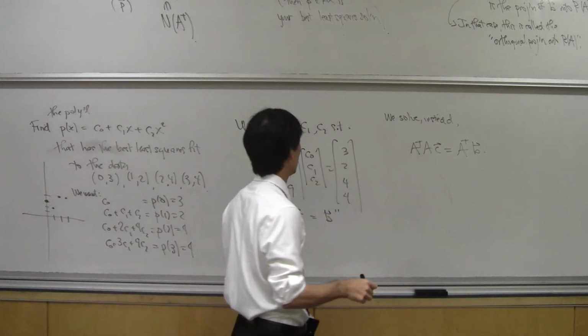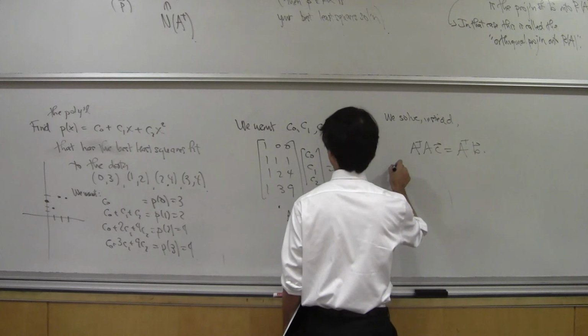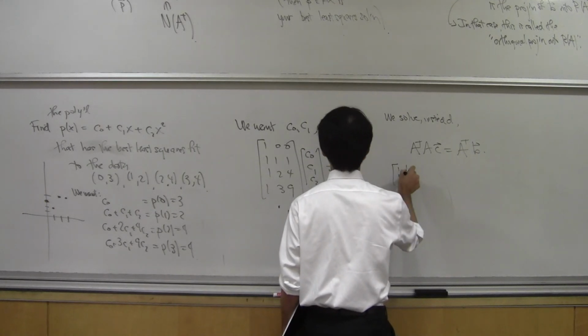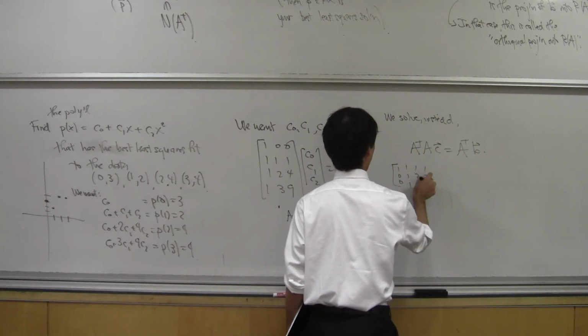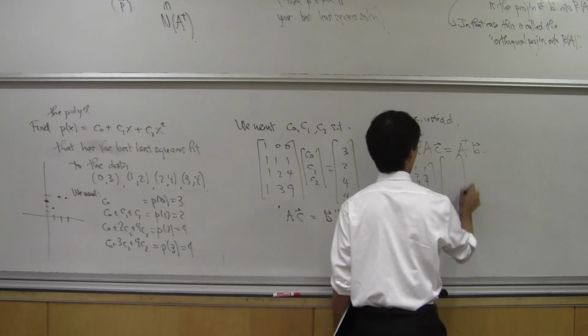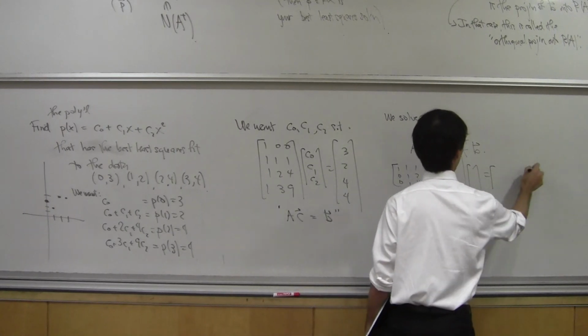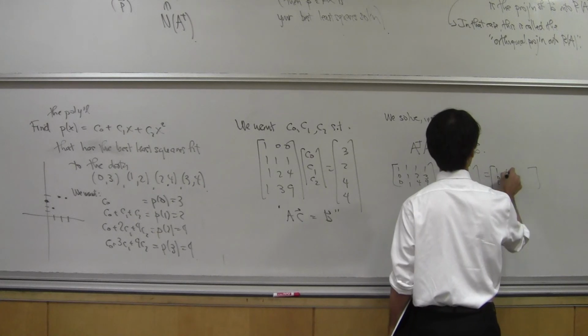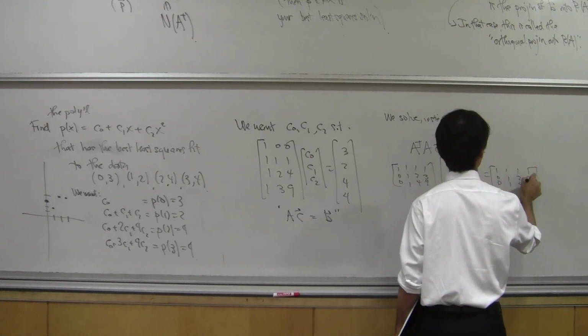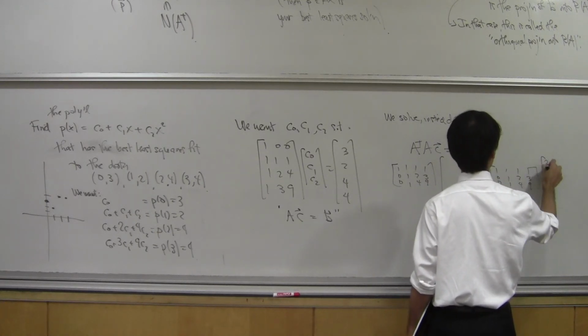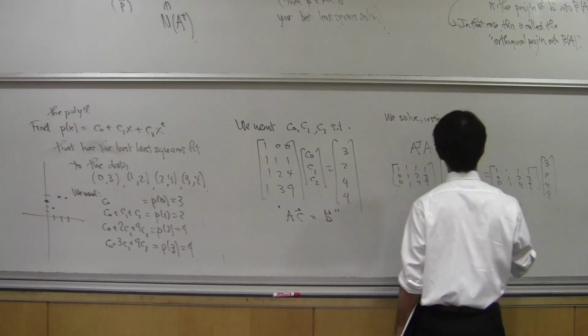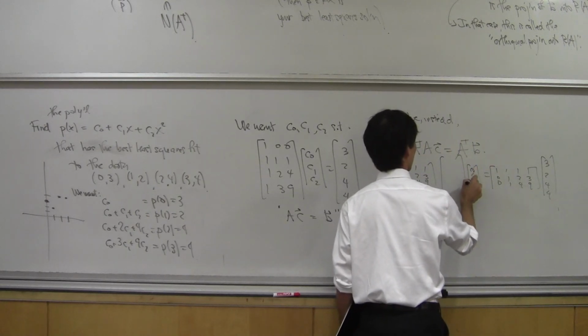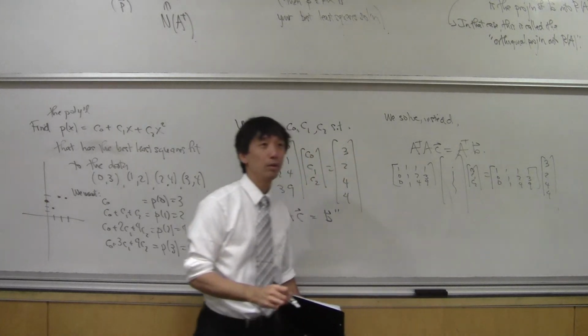We just multiply both sides by the transpose of the matrix.